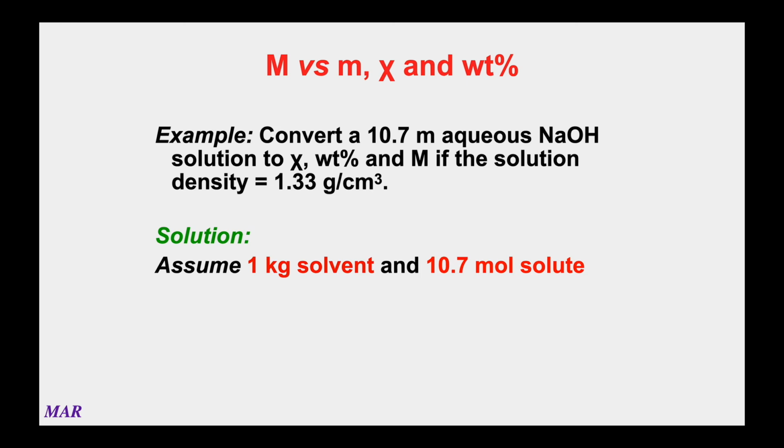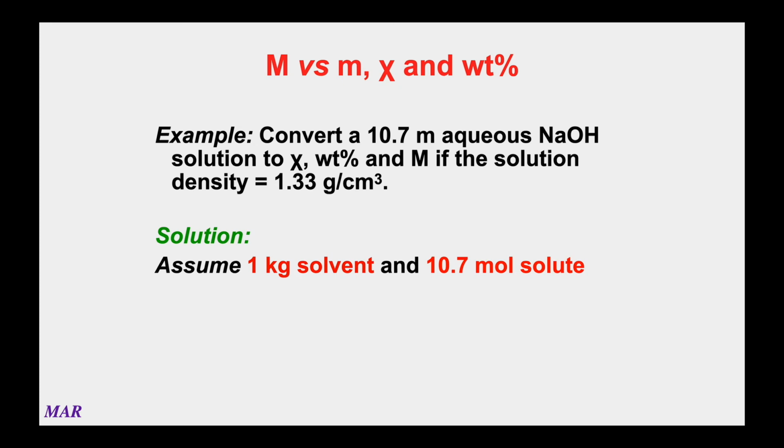No problem. So what we're going to do in this problem is first convert the 10.7 molal number to mole fraction and weight percent, because honestly, those are a little bit easier to do. And once we have those down, then we'll go back and turn that information into molarity using the solution density. We won't need the solution density until we hit the molarity. The other ones here are pretty chill. When you're doing these kinds of problems, there's always an assumption to start with.